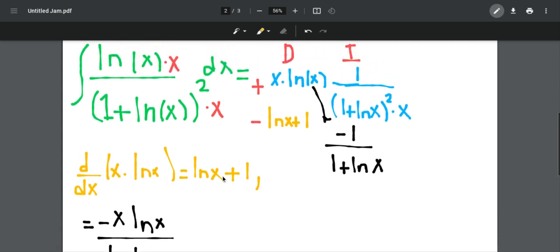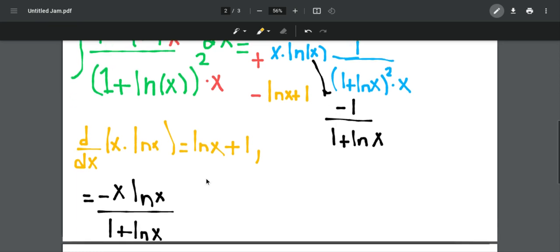And for the second part of the answer, we multiply these two and integrate. The negative ln x plus 1 cancels with this, so we just integrate 1 in the x world, which gives us x.